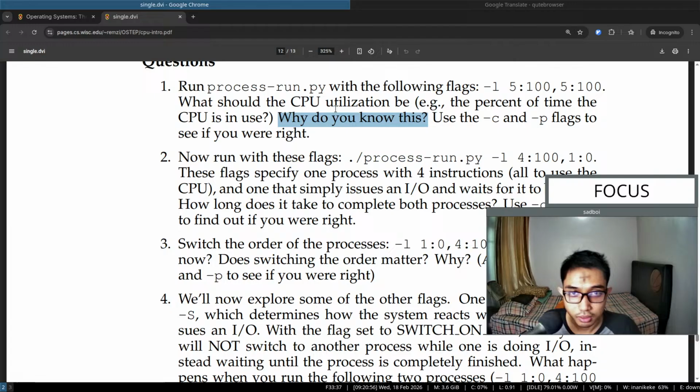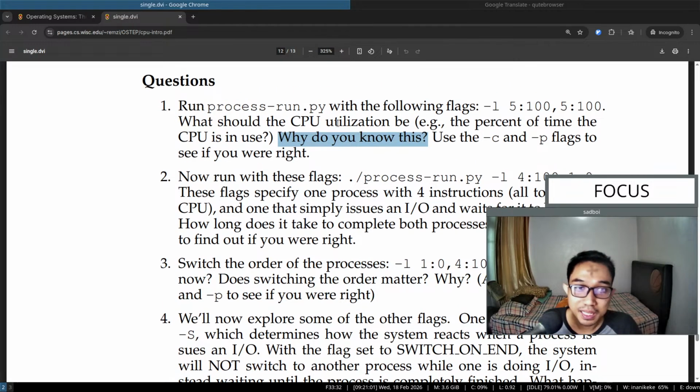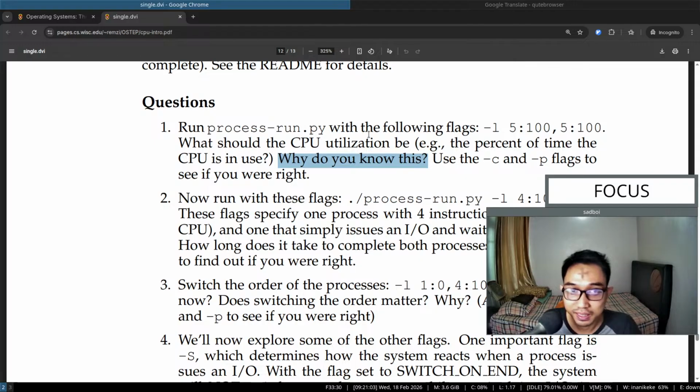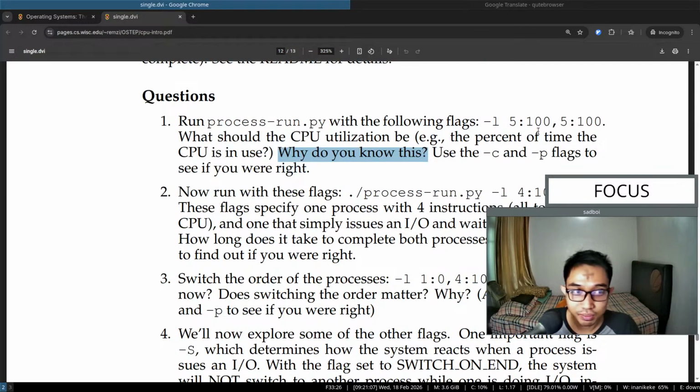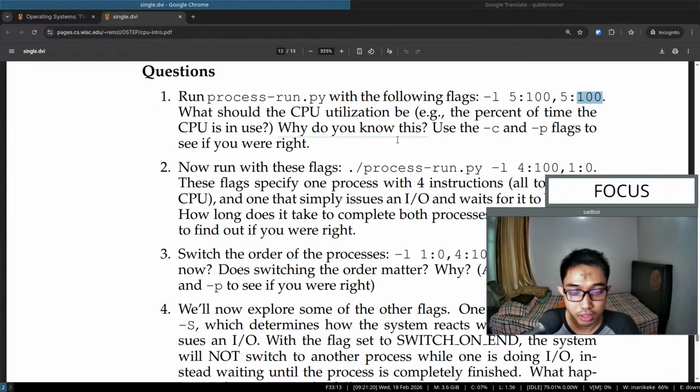Take a look at the source code, I guess. Because the source code clearly explained that if the probability is 100, then we will only use CPU, no input-output process.